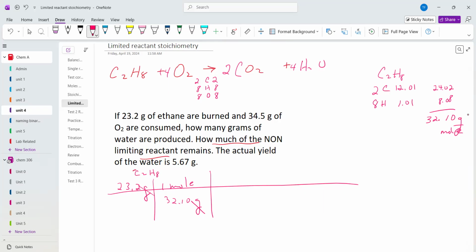Okay, now that's step number one. Convert the given to moles. No exceptions. Always convert to moles. Now we can use the balanced equation coefficients to get over to water. The water needs to be on top, ethane on the bottom. Okay, water is 4, ethane is 1, water.